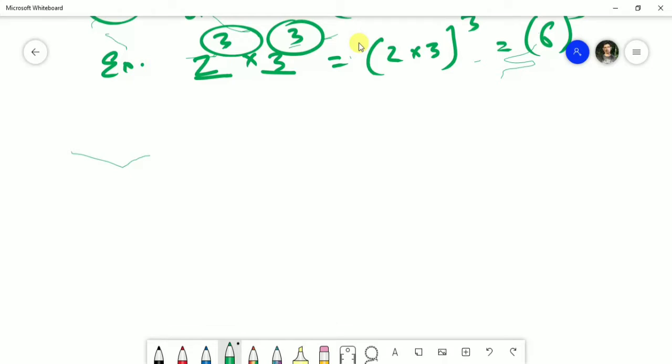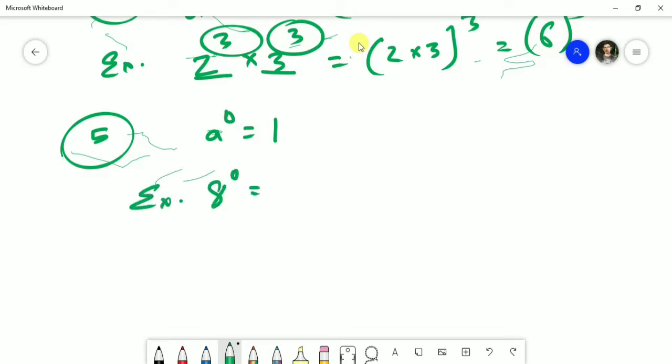This is up to 4 I gave you, now this is 5. We can take a power 0. Anything power 0 means 1, your answer will be 1. For example, 8 power 0.